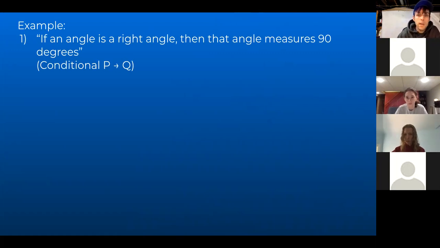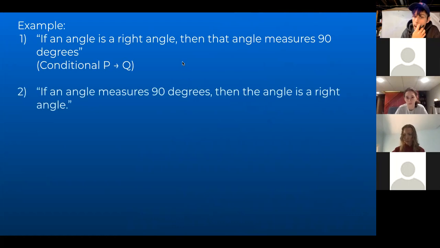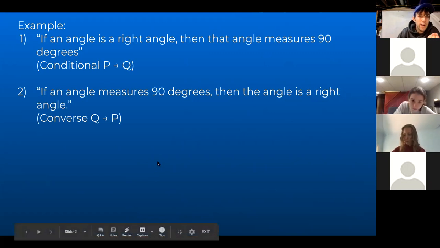That's the way we think about right angles. But the converse of that statement, if we switch the hypothesis and the conclusion, is also true. If an angle measures 90 degrees, then it's a right angle. So you can see how it's working both directions. It doesn't matter which one is the hypothesis and which one's the conclusion. Either order, we're going to have a true statement here.